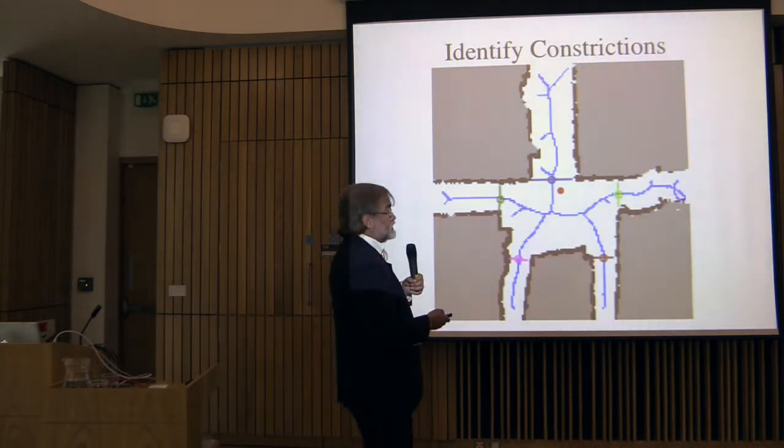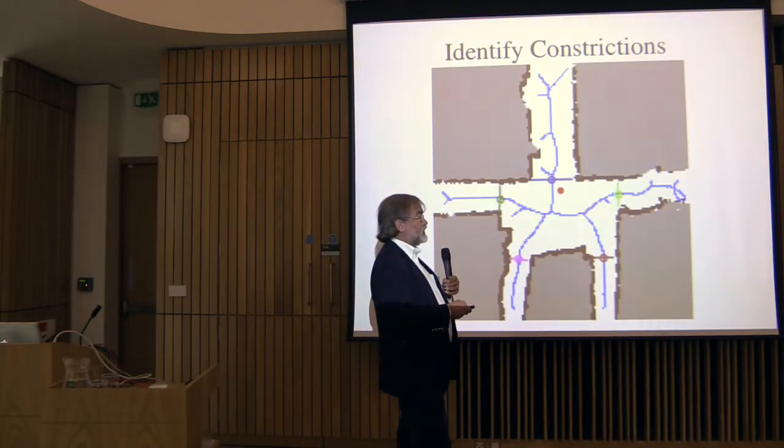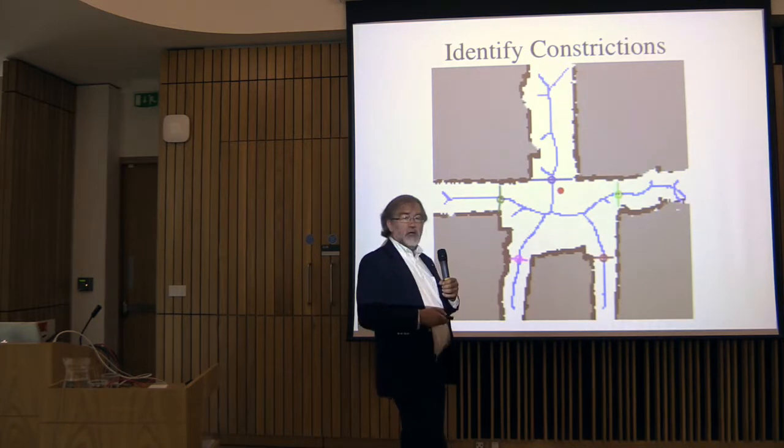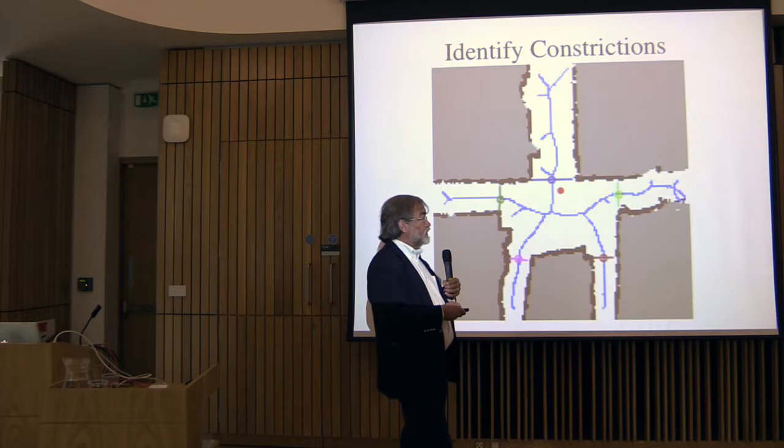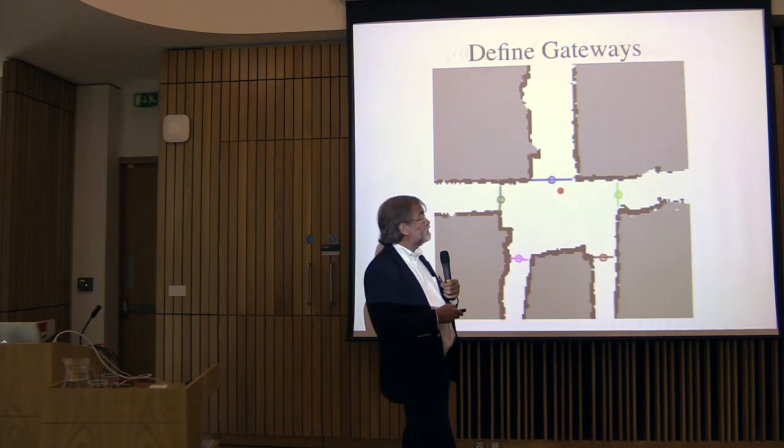At that point, we can identify constrictions, places where there are likely boundaries, and identify a set that, along with the obstacles, these gateways provide a complete boundary for the place neighborhood.